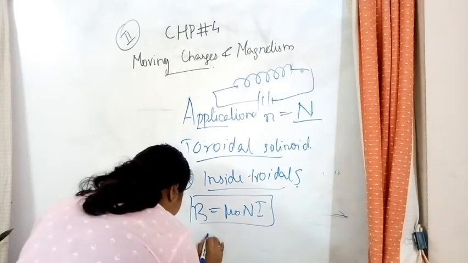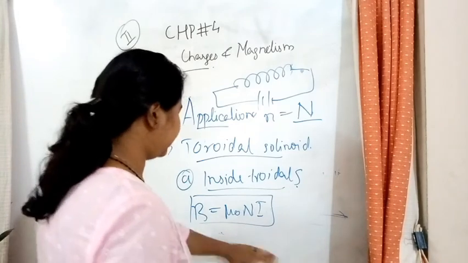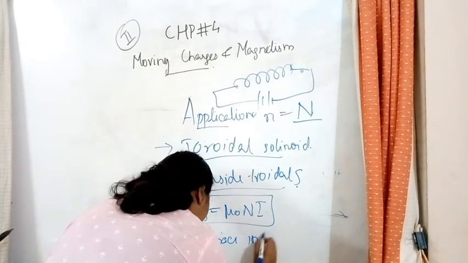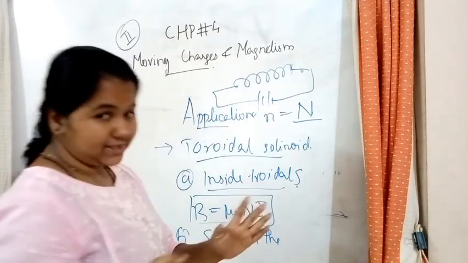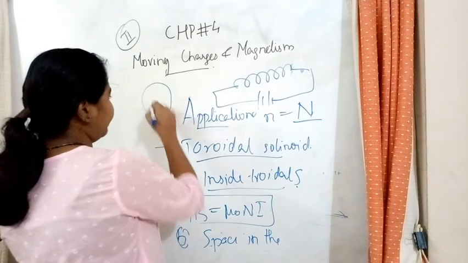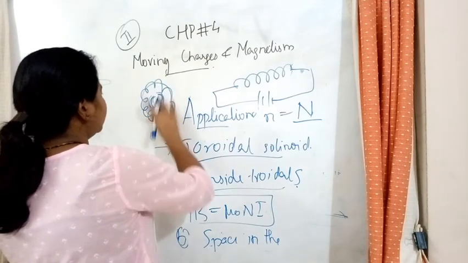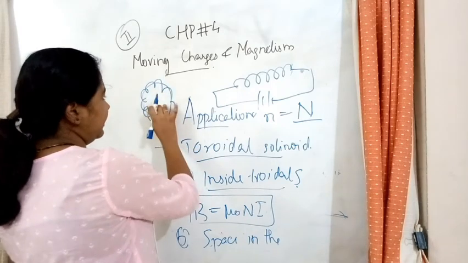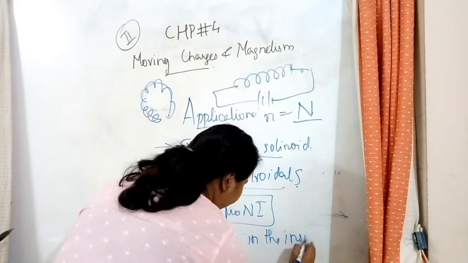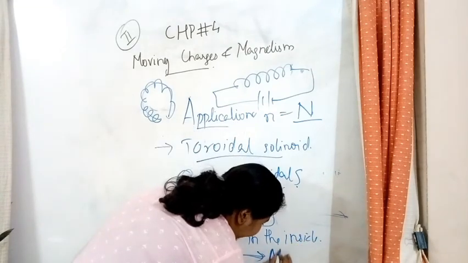Second one is the space in the inner portion, the space inside, the way we drew it in this shape. What is the magnetic field in the space inside? There is no magnetic field.